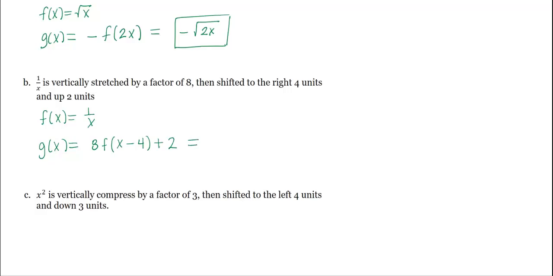So I'm going to have x minus 4 in the denominator. There will be an 8 multiplied on the outside, and then a +2. We could simplify this to have that 8 multiply into the numerator here. So this is our new function.